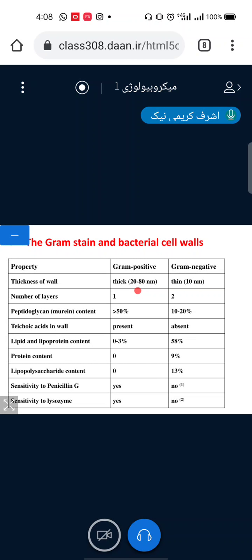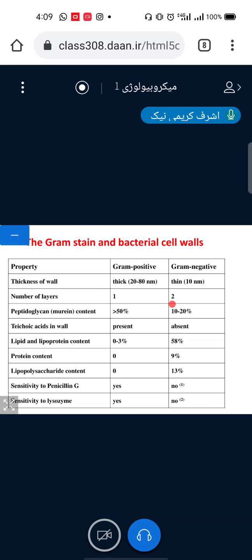20 to 80 nanometer. But in gram-negative, it is thin, 10 nanometer. Another item, number of layers. In gram-positive, one layer.